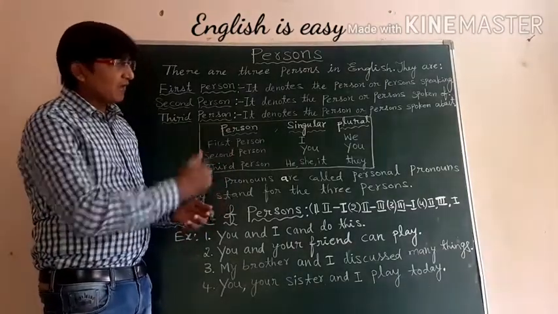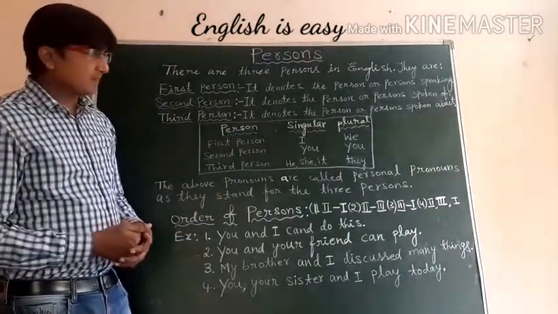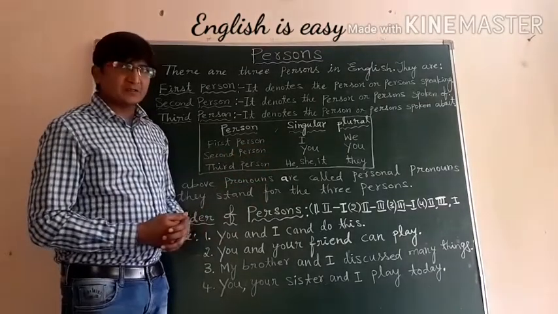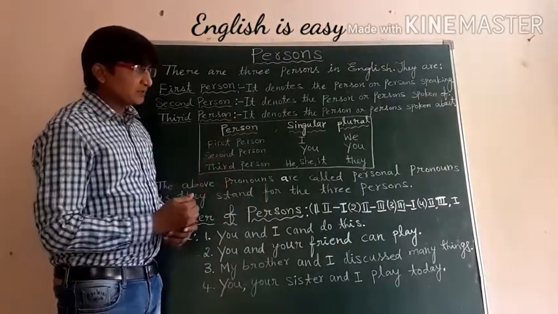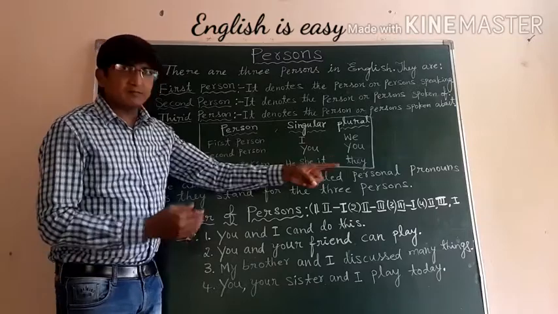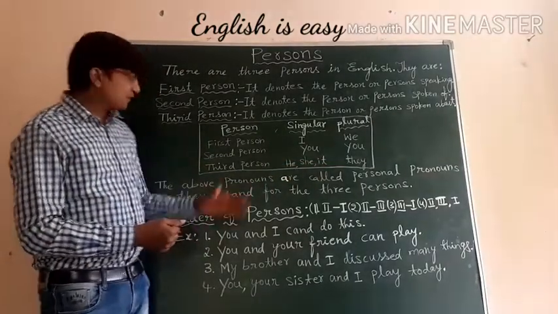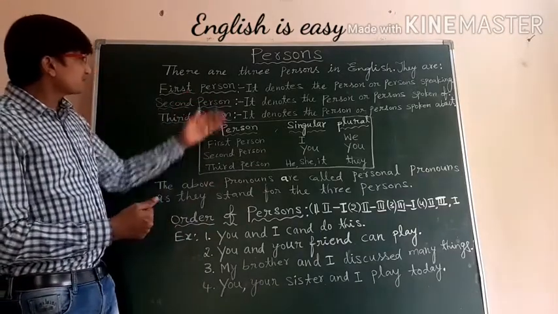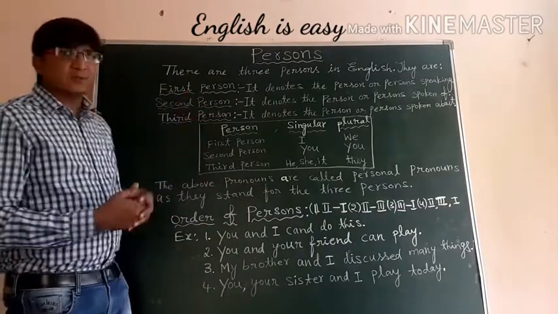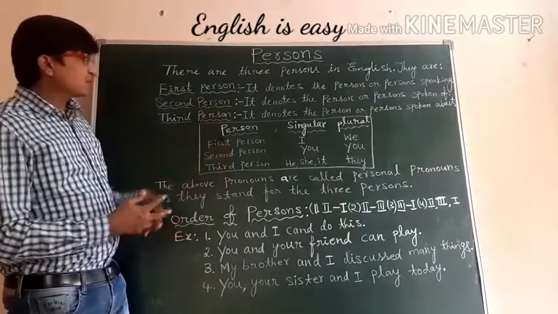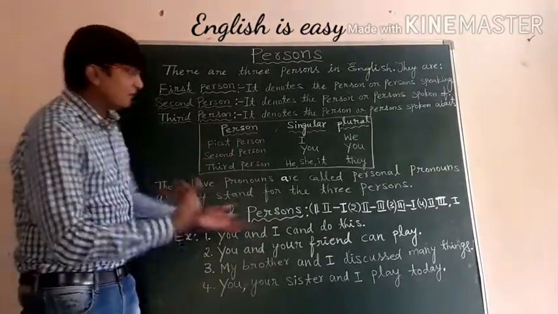If we have these three persons, first we have to take second person, then third person, and finally first person. The interesting thing is, looking at first person, we think, sir, it's the first person, so we will write I first.